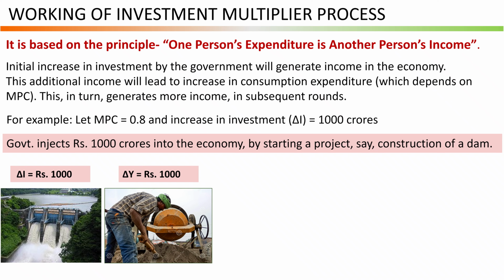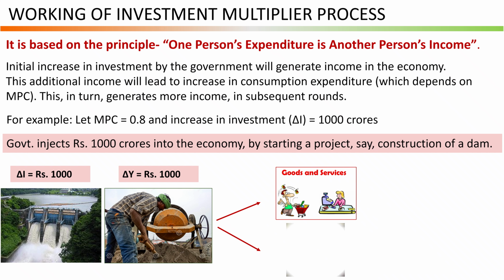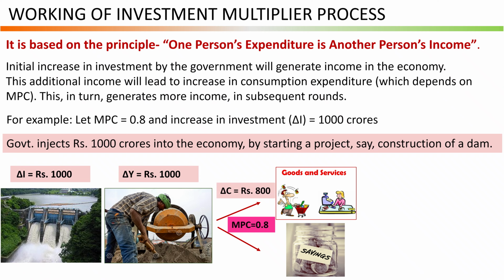Since MPC is 0.8, 80% of the income will be used for consumption. So, delta C will be 800 crores and the rest 20% will be saved. That is, delta S will be rupees 200 crores.